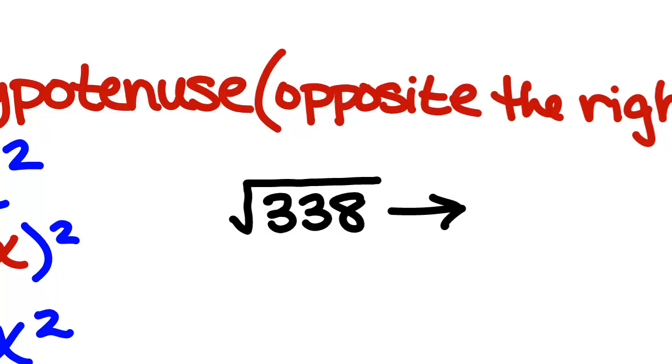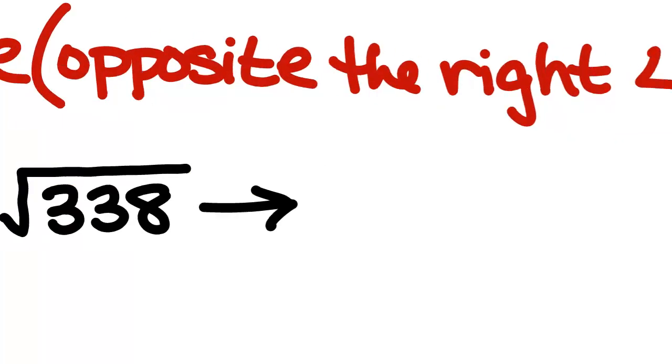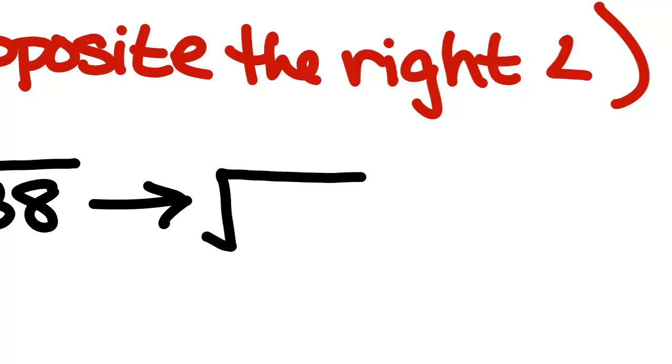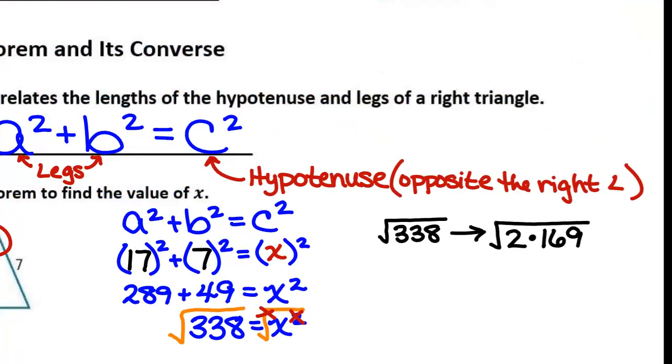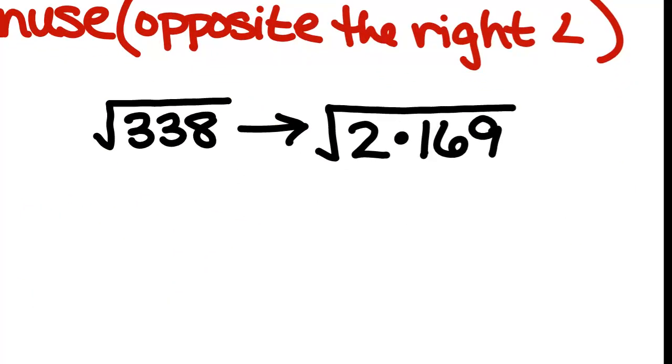Does 2 go into 338? Yes. What do you get if you do 338 divided by 2? So 2 times 169 is the exact same thing as 338. So underneath my radical, I have 2 times 169. Does anybody happen to know what goes into 169? Will 2 go into 169?